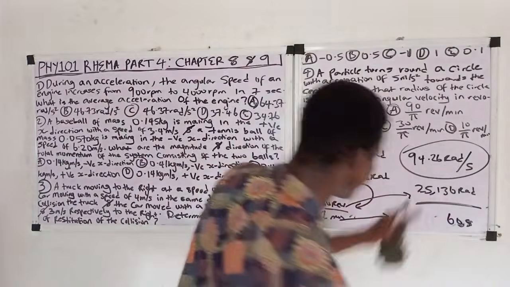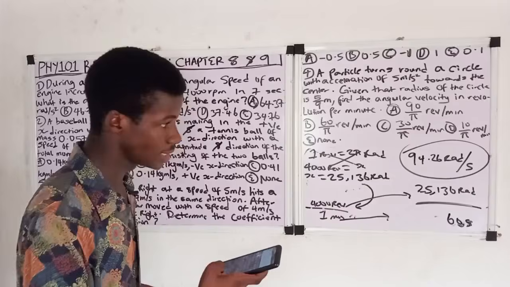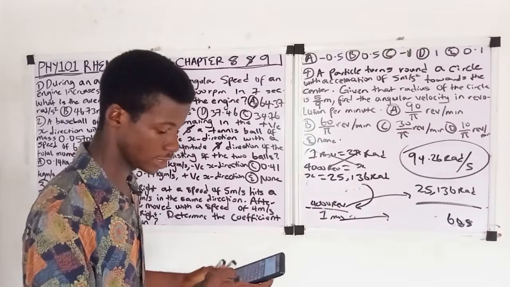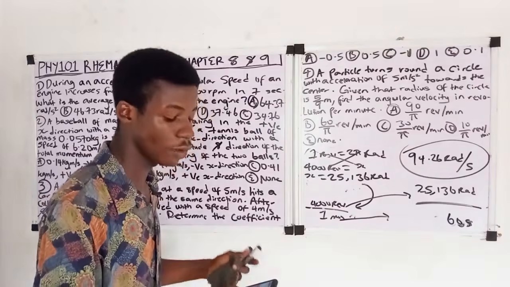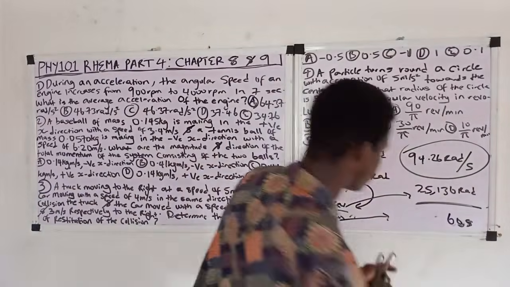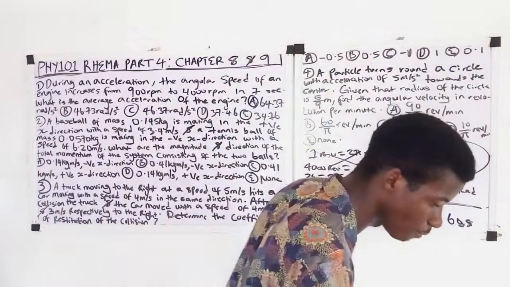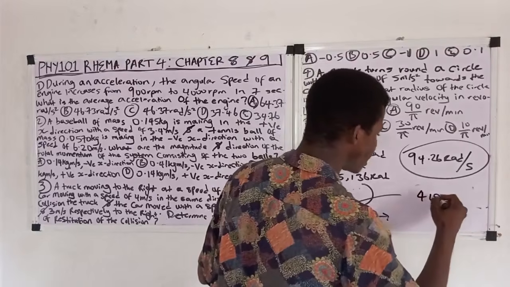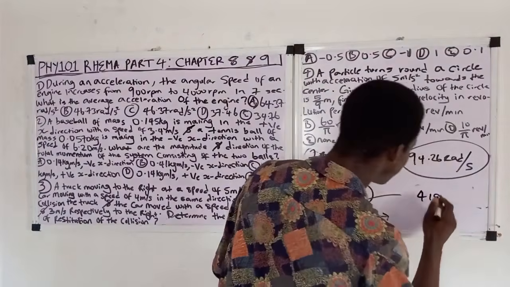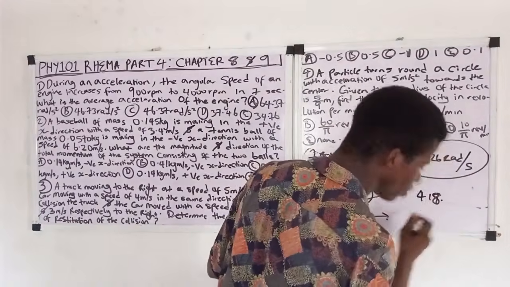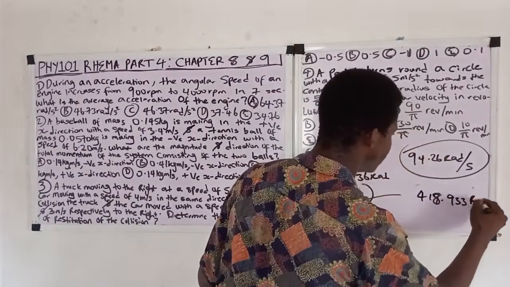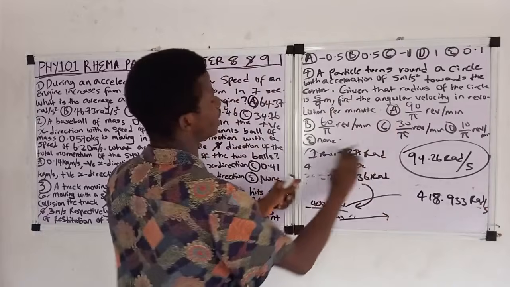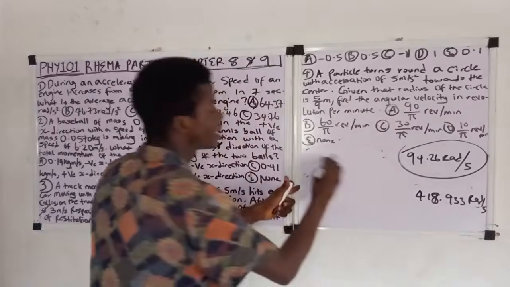So let's divide this value by 60 seconds. We now get 418.933 rad per second, right? Yes. So we are done with the hard part.